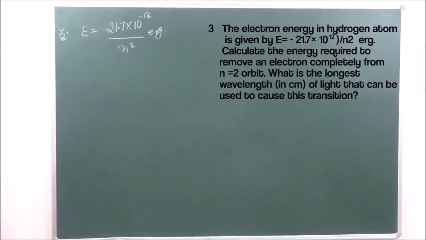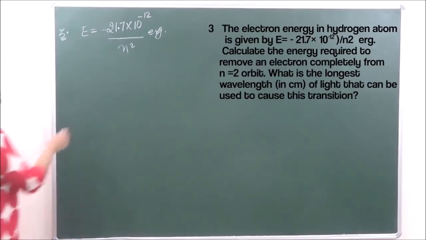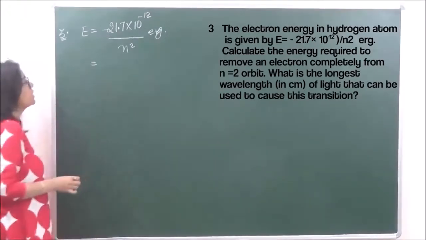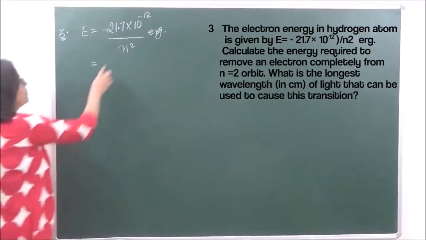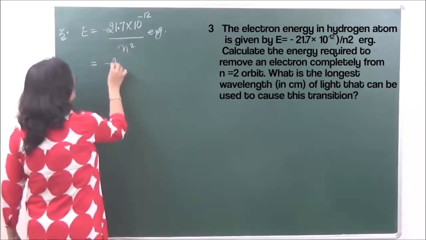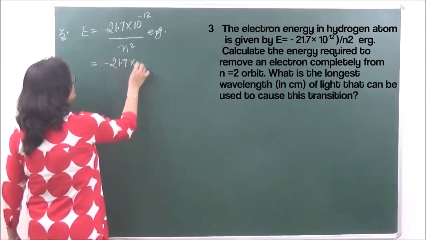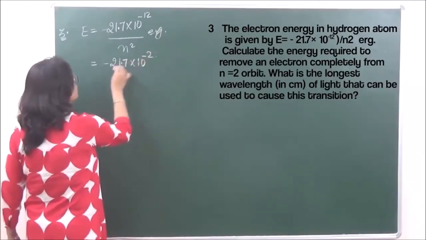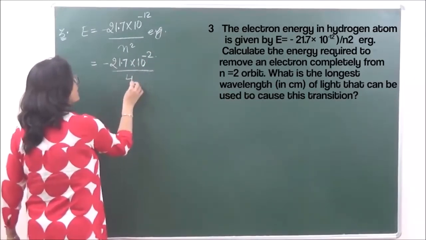Now they are saying that electron energy in the second orbit we have to calculate. So n will become equal to 2. So we have minus 21.7 into 10 raised to power minus 12 upon 2 square, which is 4.